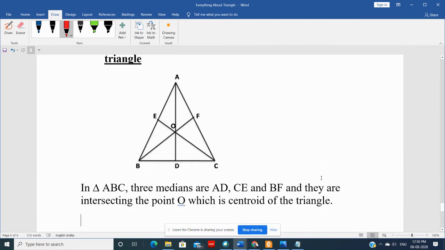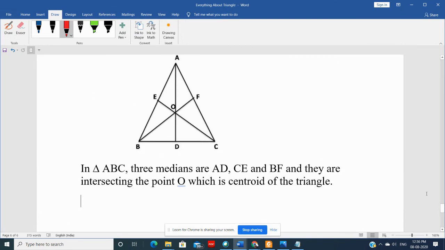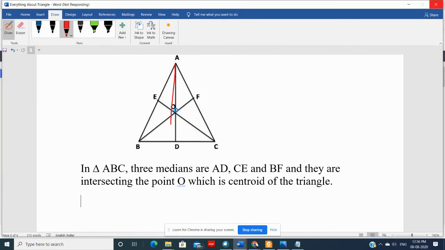All right. So what we have seen in this triangle, if you look at ABC, see this is triangle ABC, there are three medians, okay? One is AD, BF and CE, okay? So they are intersecting at point O and this is your centroid.